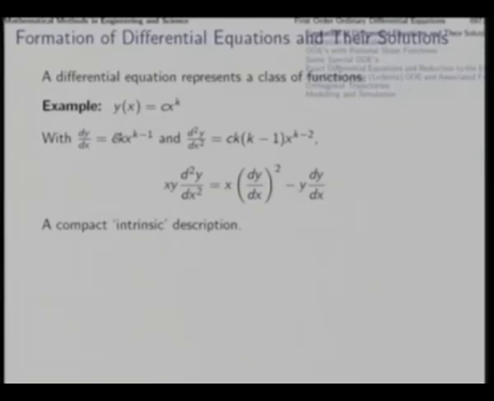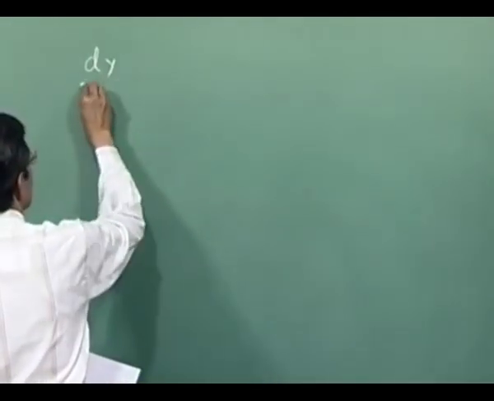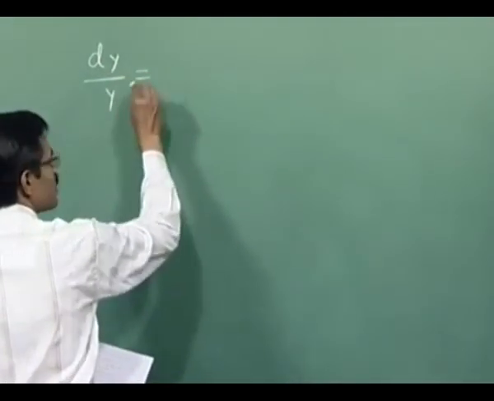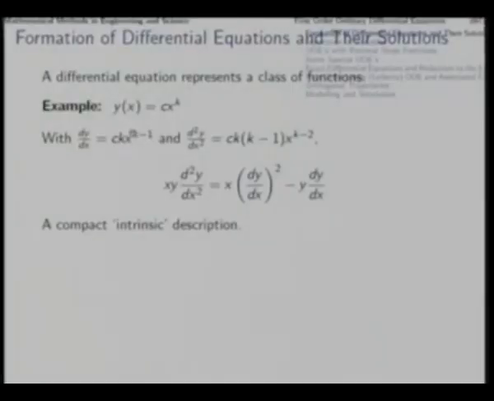So, if you do that, then for that what you will do? You will divide dy by dx with y, and then in the division on the right side, c will get eliminated, right. So, you will find dy by dx by y as this divided by this.